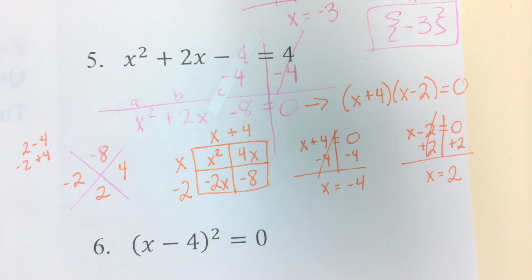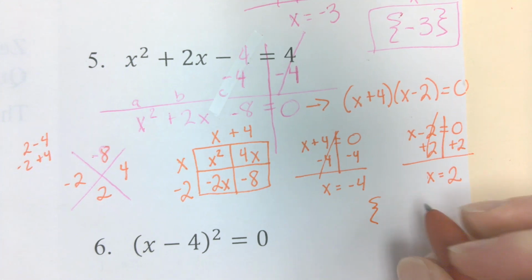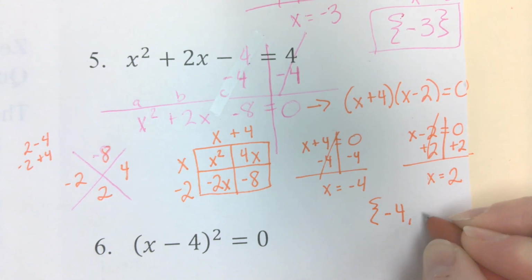Then write your solution set in the squiggly braces with the smallest number first, so negative 4, comma 2.